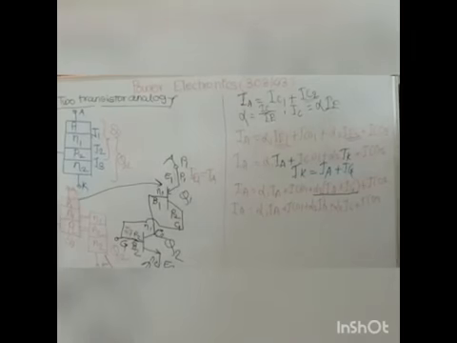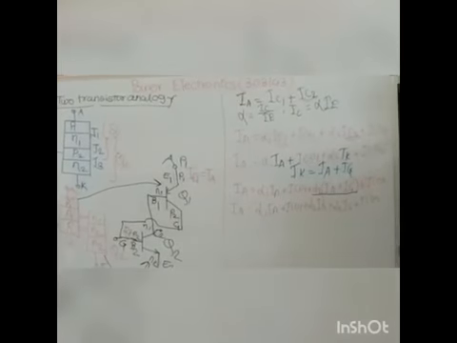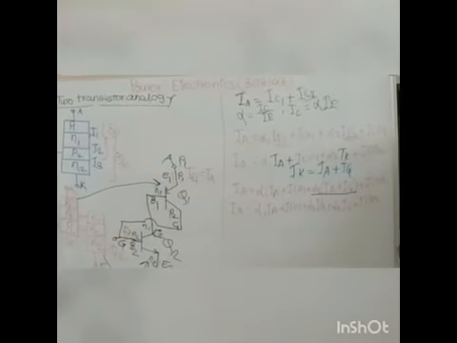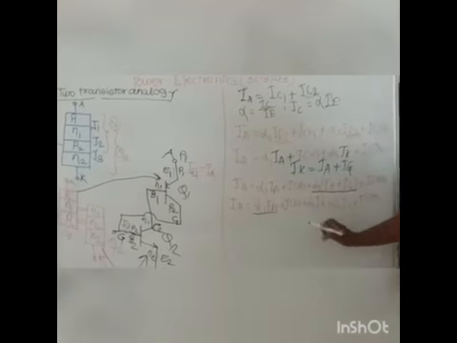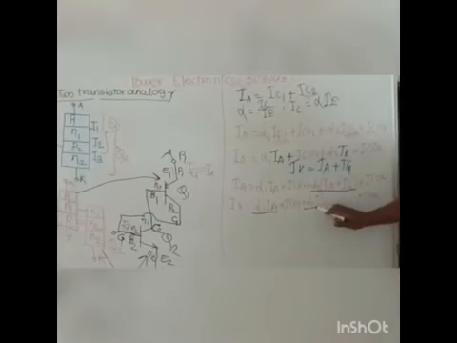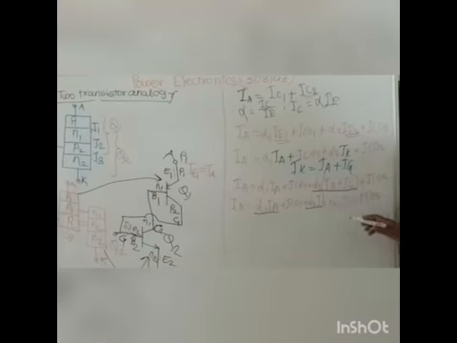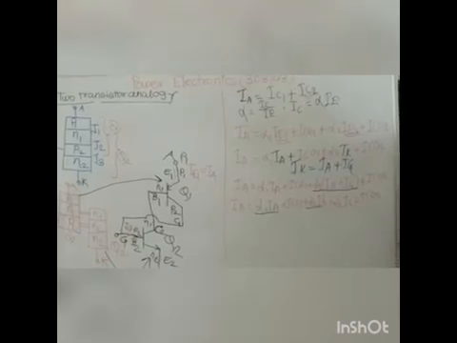Hence take all the anode current terms on the left hand side and the remaining terms on the right hand side. See here, this will be the anode current term. Take this on your left side.